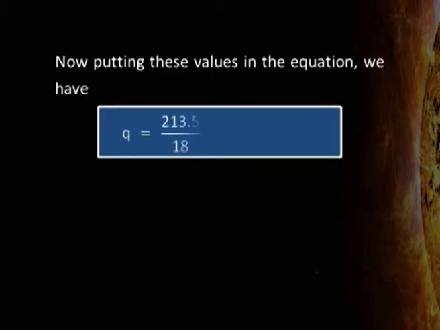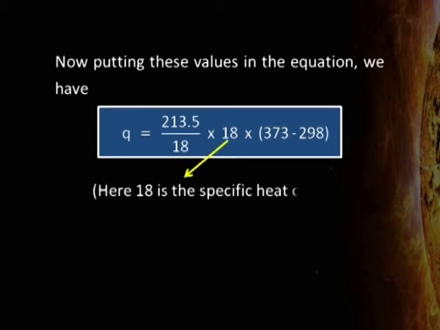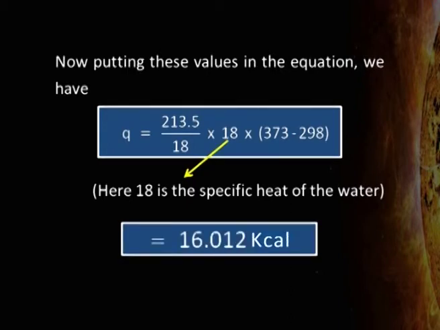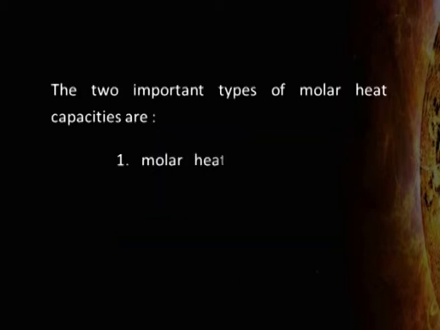Now, putting these values in the equation, we will have Q equal to 213.5 divided by 18 multiplied by 18, where 18 is the specific heat of water, multiplied by 373 minus 298. Q will come out to be 16.012 kilocalories.